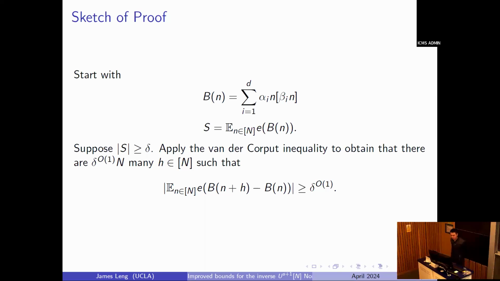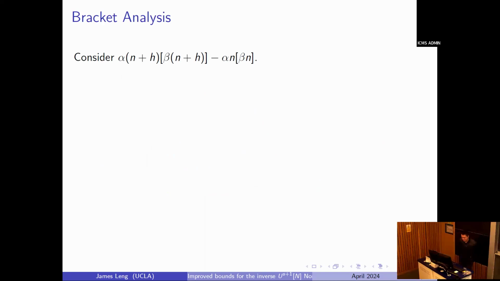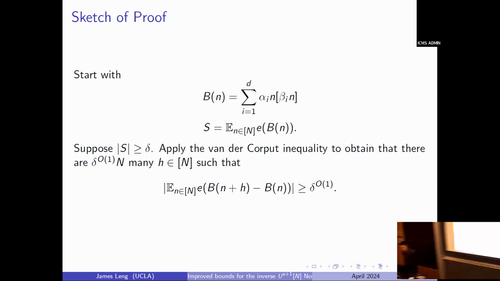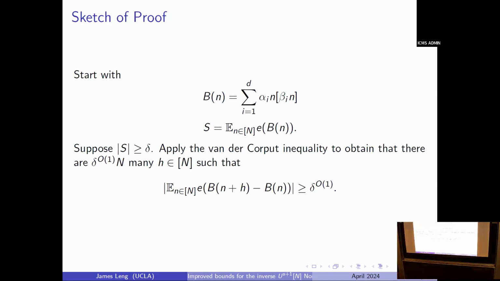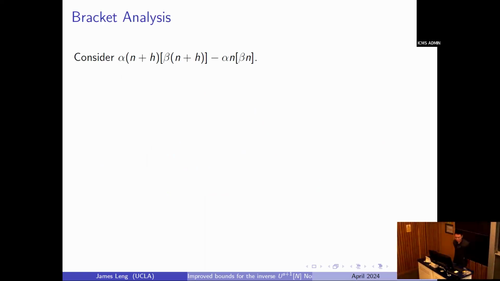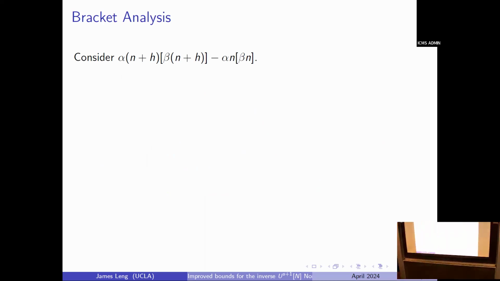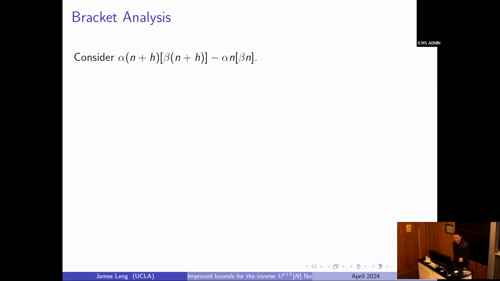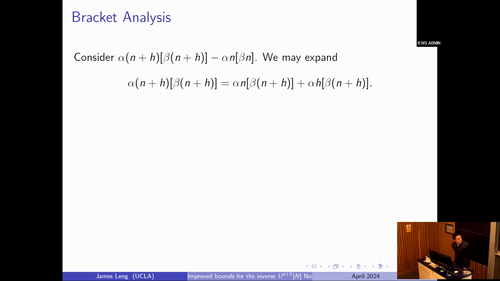Okay, this doesn't really look like it helps at all, but what you could do is the following. b of n plus h minus b of n is the sum of a bunch of terms that look something like this. The second term looks reasonably simple. This first term looks a little ugly.